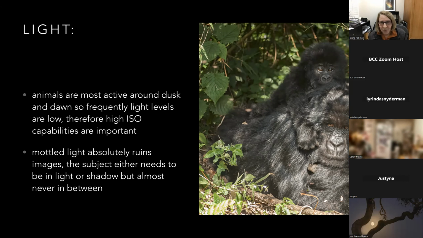But probably the most important thing I can share with you about light is modeled light kills an image. I can deal with my subject being totally in the dark, totally in shade, and I can deal with it being totally in the sun. But if you have modeled light, you have nothing.